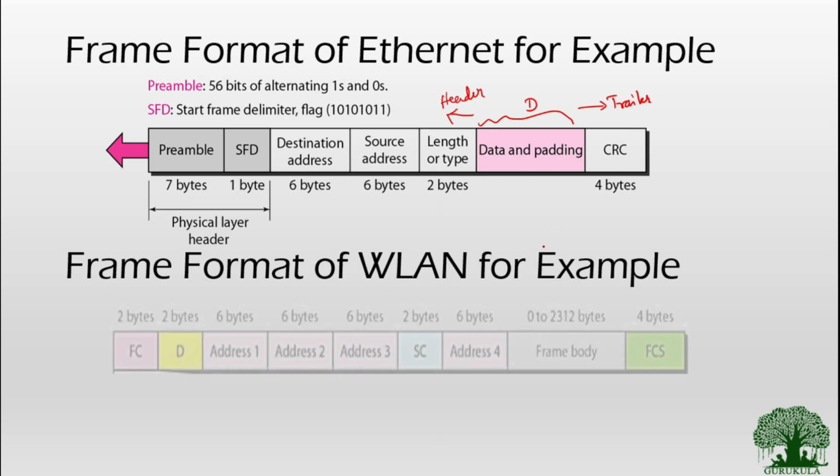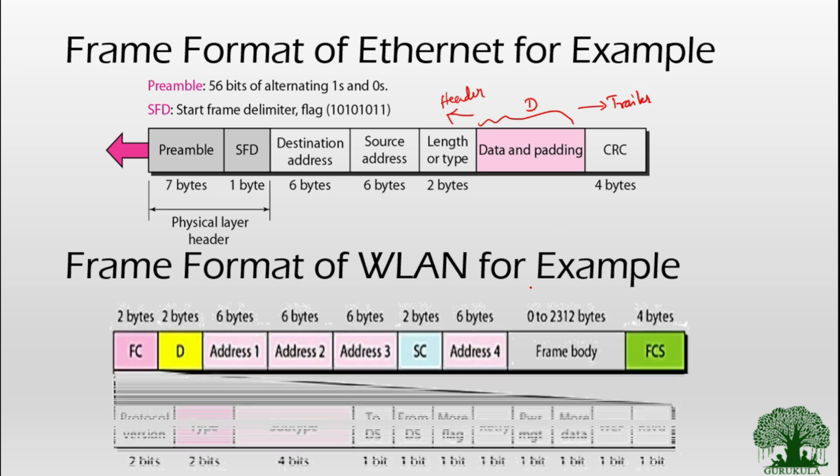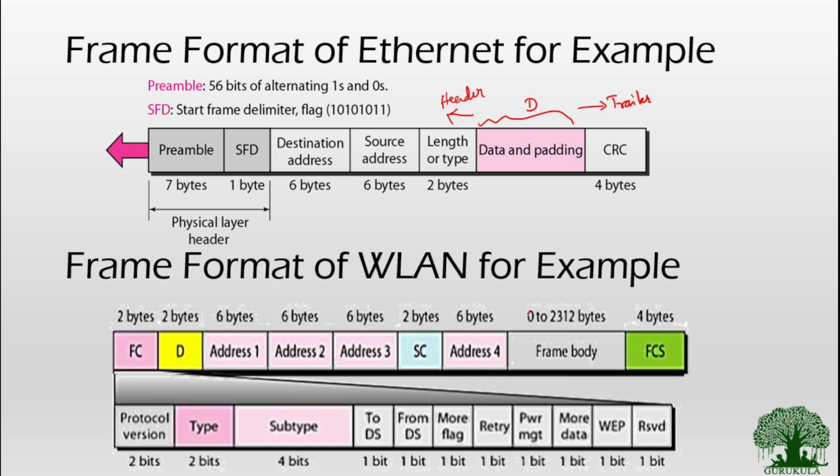Similarly, when I show you the frame format of wireless LAN, you can see that it is getting really complicated since it is wireless, and even here the frame body represents the data, and there is some information before the data, which we call the header, and some information after the data, which we call the trailer.